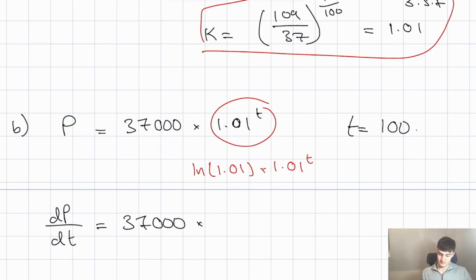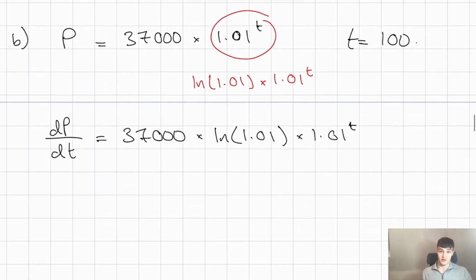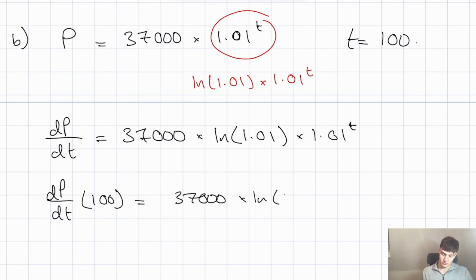So we're going to get times the natural log of 1.01 times 1.01 to the t. So if we now evaluate it at t is 100, we're going to get 37,000 times the natural log of 1.01 times 1.01 to the power of 100.